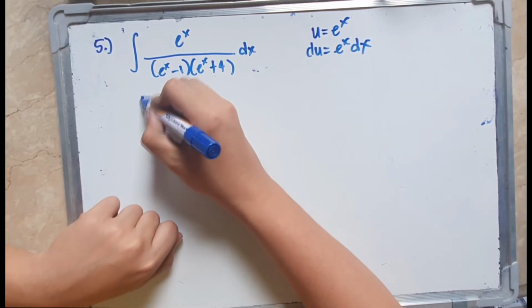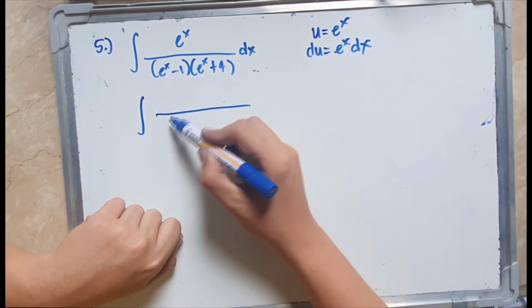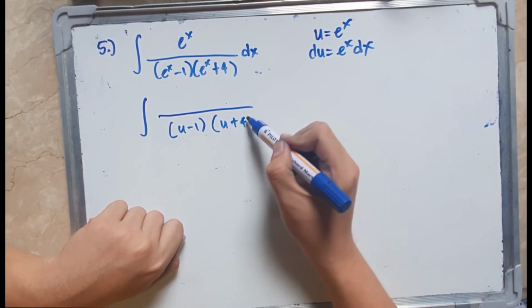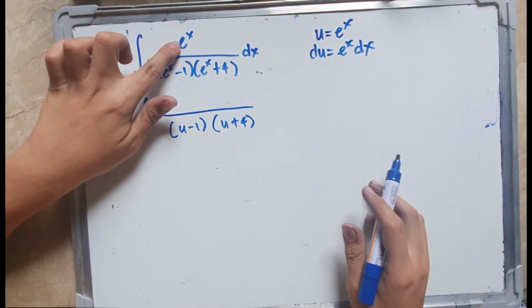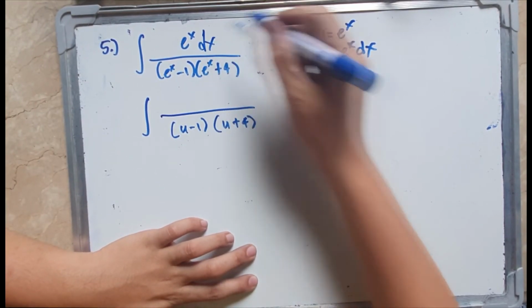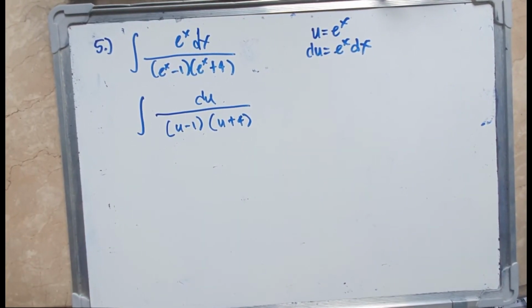So what would happen? All the e to the x will become u. And how about the numerator? If you write dx right next to e to the x, that is du. We could now perform partial fraction.